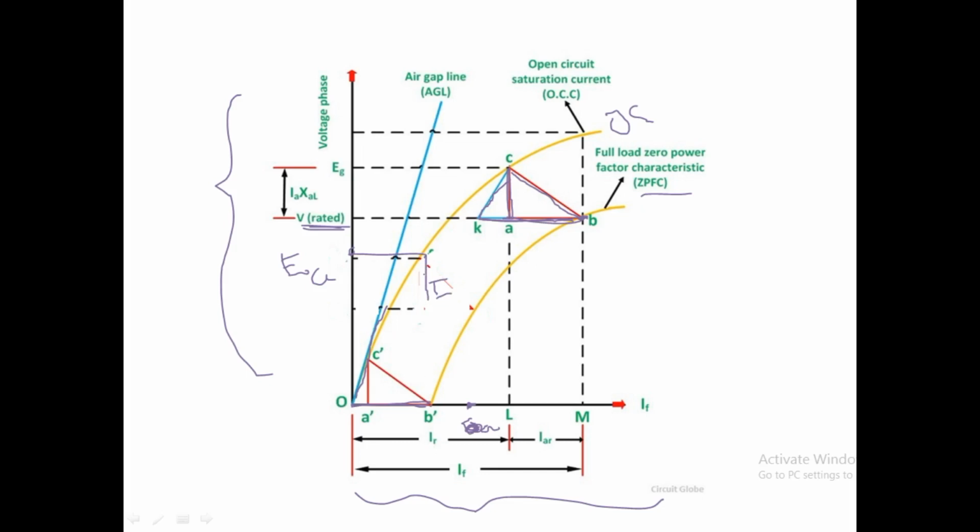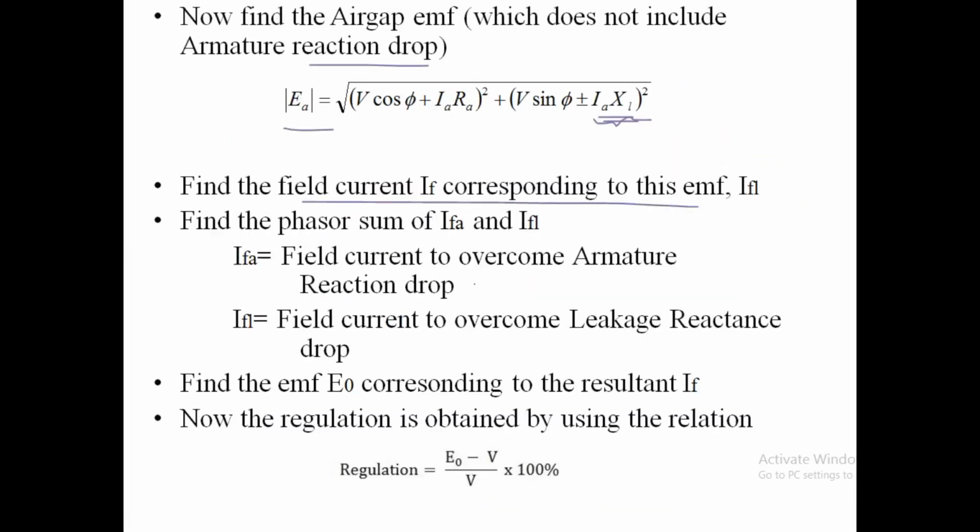It is drawn to the x-axis to find the current IFL. So this is IFL. IFA was already obtained from that triangle. Now find the phasor sum of IFA and IFL.